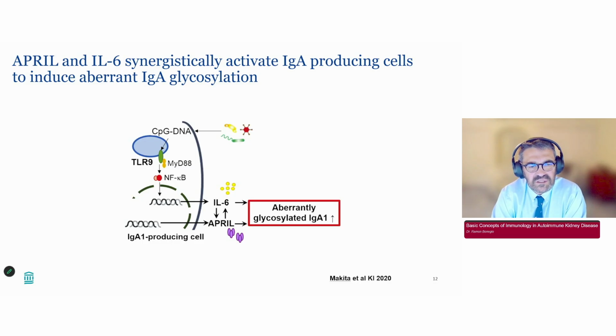They need a toll-like receptor signal, which is at the top there, TLR9. They need a cytokine signal, which in this case was IL-6. And then they need one of these growth factor signals. Here they're studying APRIL, which is thought to be the most important signal for IgA B cell production or B cell maturation.